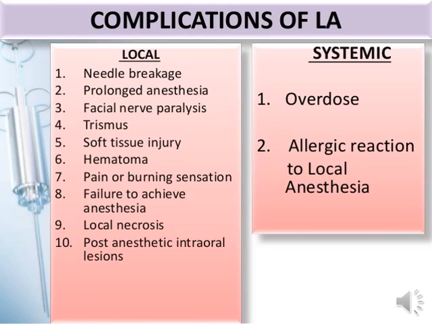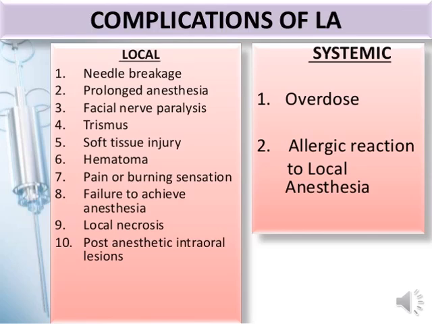Number six is the hematoma, that is, the collection of blood that can occur at the site of injection of the local anesthetics. Number seven, pain or burning sensation can occur due to injection within the nerves or nerve trunks. Number eight is failure to achieve anesthesia. Sometimes you inject the local anesthetic locally, but proper anesthesia cannot be achieved.